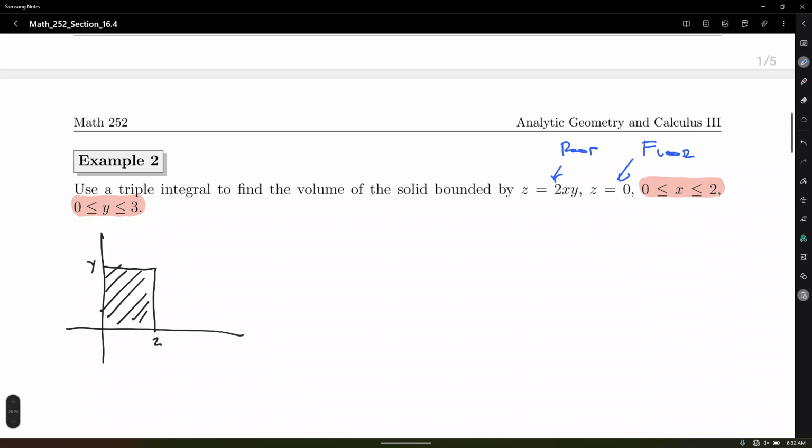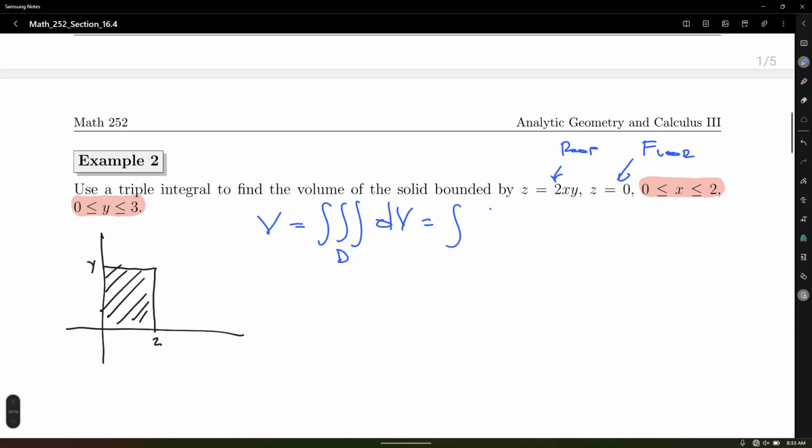Well, so volume equals the triple integral with a dV with a 1 in the integrand, over the region Q, or the region D. Sometimes we use letters D and Q for triple integrals, while we use R for double integrals.